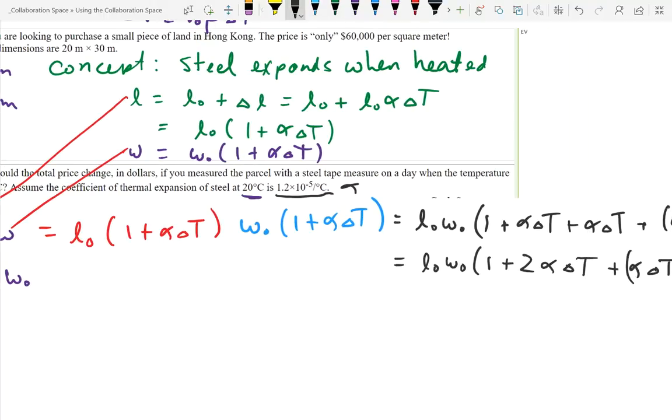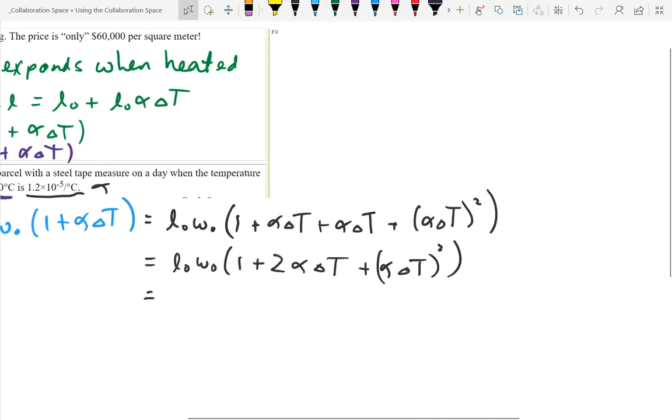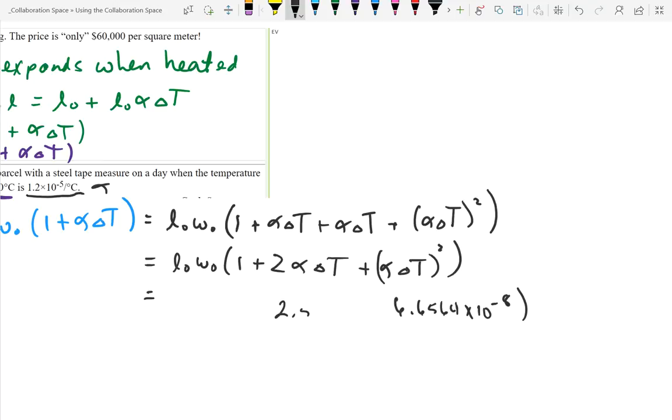When you have your answer, let me know. 6.6564 times 10 to the negative 8. How about you, Irving? 2.58 times 10 to the negative 4. And I did 1. Mine was easy. I'll also do 20 times 30.